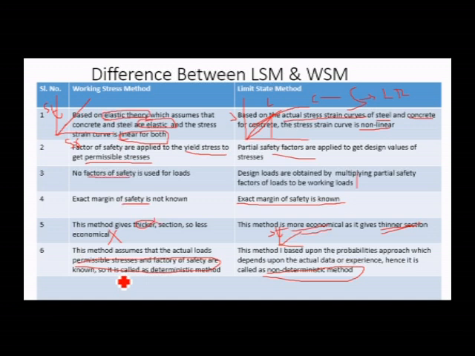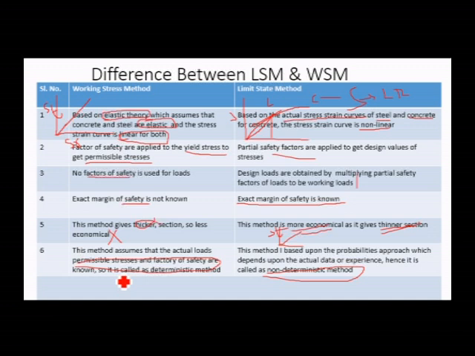Statistical probability concepts are incorporated for loads and strength. So the various loads and strengths of steel and concrete are characteristic loads and strengths, which are obtained by applying partial safety factors for load and material strength, and limit state method overcomes the inadequacies in working stress method and ultimate load method.